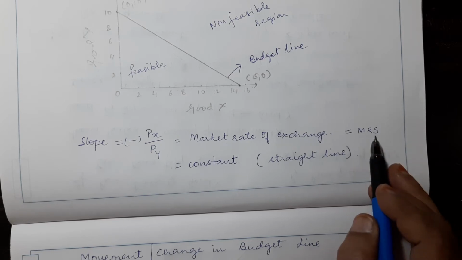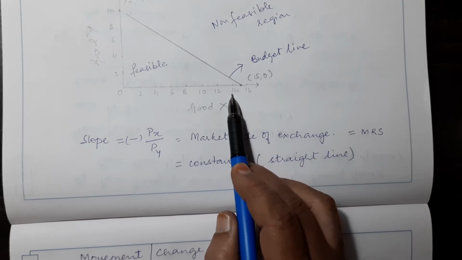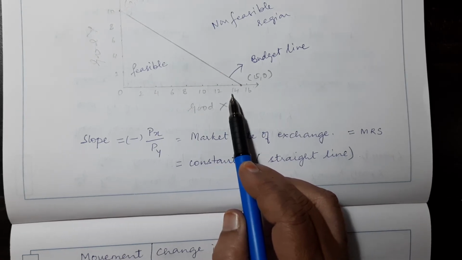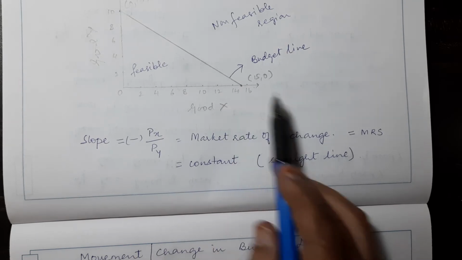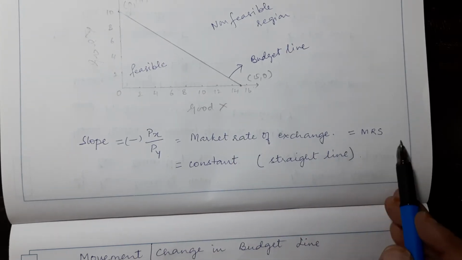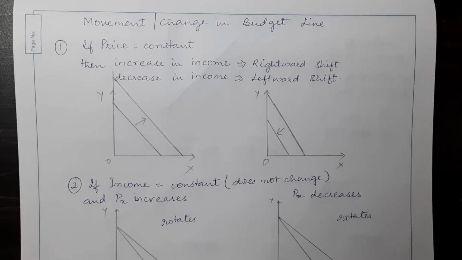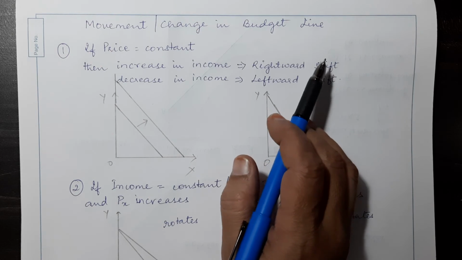What does this mean? That we are sacrificing certain units of y in order to gain certain units of x, isn't it? So the slope of the budget line is nothing but the slope of the indifference curve, or the marginal rate of substitution. Let's also understand the movement or change in the budget line.